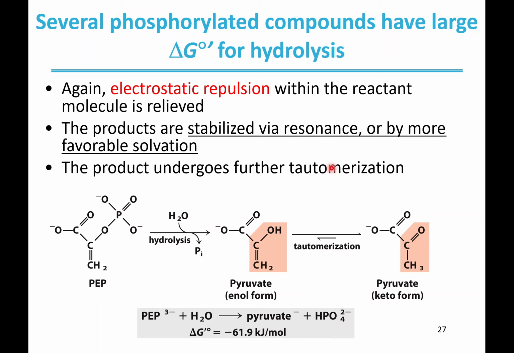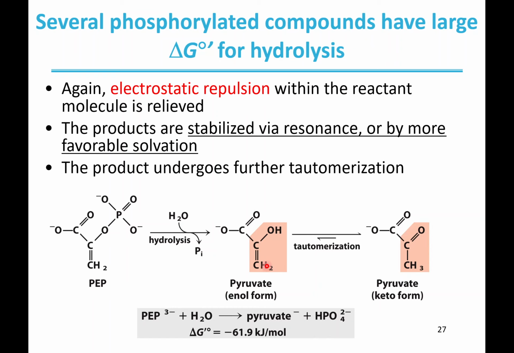After it loses the phosphate group, it will change into a different molecule and be further stabilized. An example of that is shown here. There's a molecule called PEP, and PEP is a very high energy molecule, extremely high energy. When it loses that phosphate group, that leaves pyruvate in the enol form.